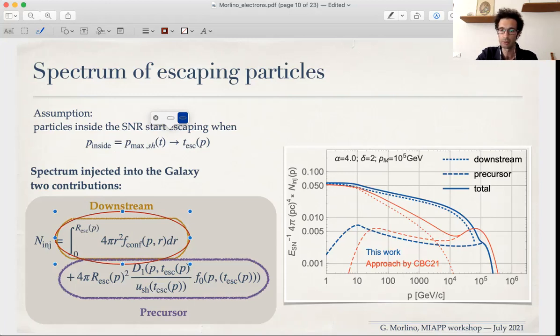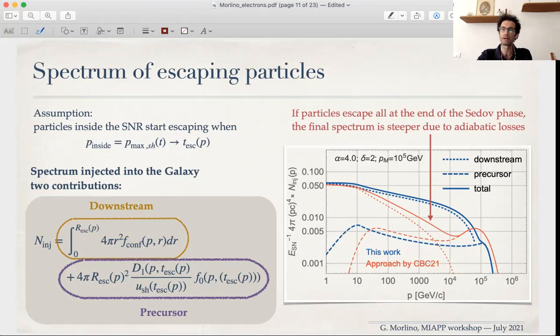The red line, on the contrary, represents what is happening if we assume that particles all escape at the end of the Sedov-Taylor phase. Namely, this is another assumption that is often made in the literature, that particles are stored inside the remnant until the remnant literally dies.